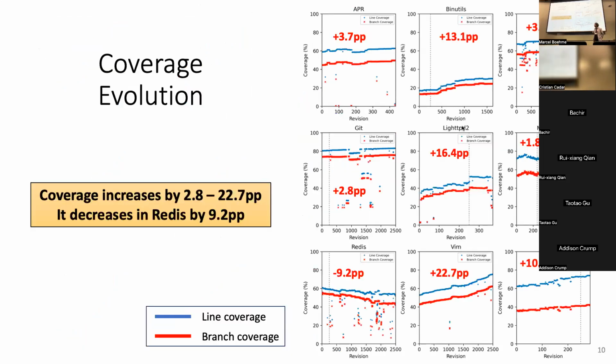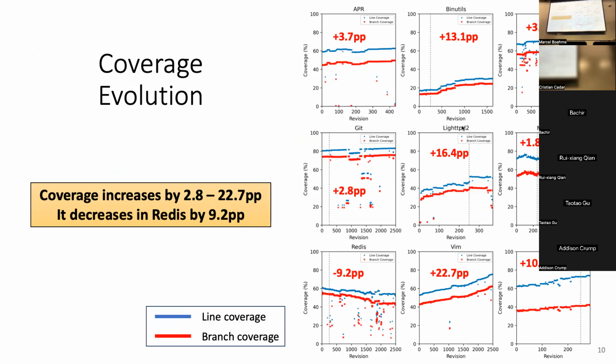Now, if we look at the developer test suites and try to measure the coverage that they achieve in the code, I think the good news is that overall, you can see these lines are pretty much flat, or we see slight increases. In general, we see small increases, like 2.8 percentage points here, 3.7 percentage points here, and so on.